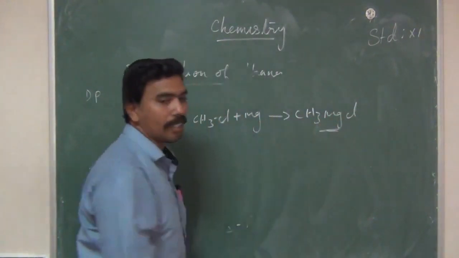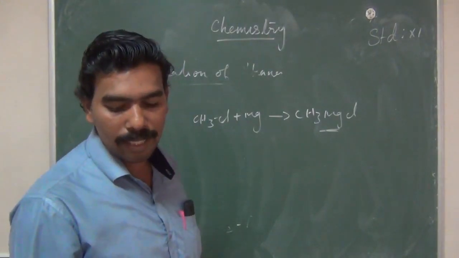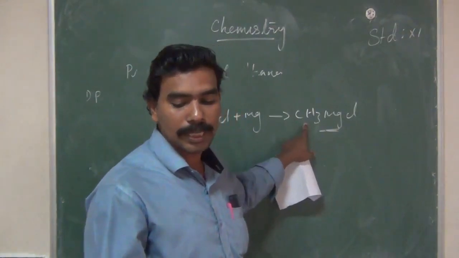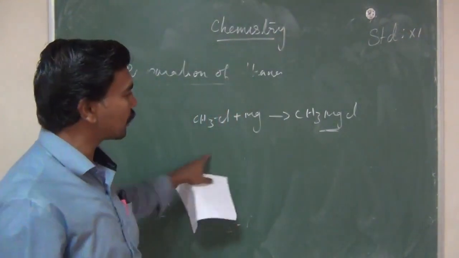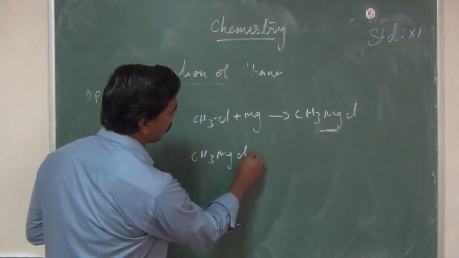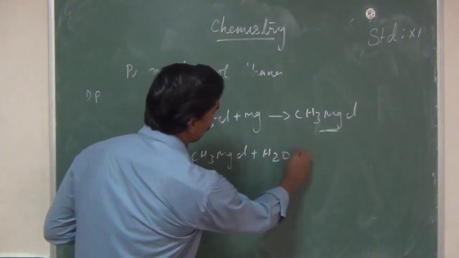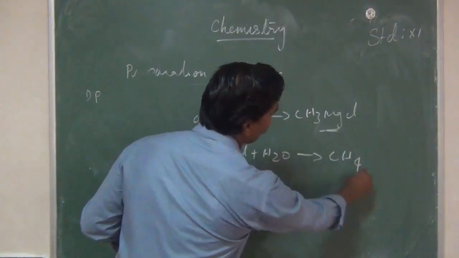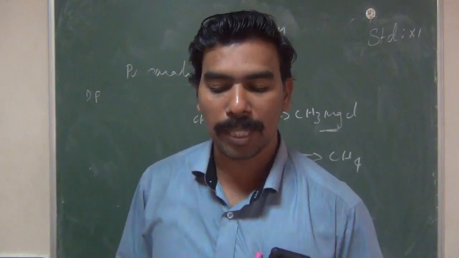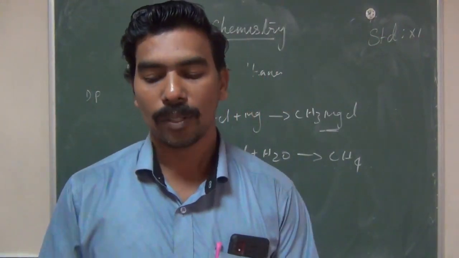This is the Grignard reagent. Then the hydrolysis: when the Grignard reagent is hydrolysed with water, it produces methane. Then physical and chemical properties we will discuss next class. Okay, students.